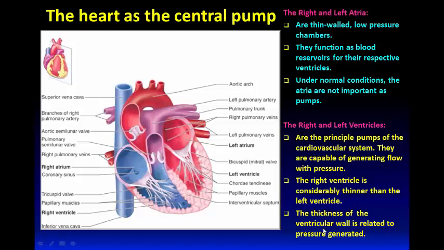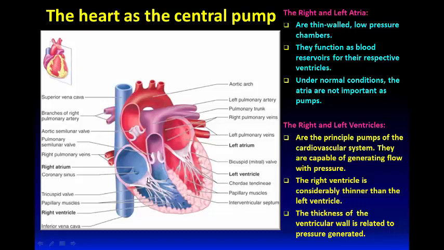The thickness of the ventricular wall reflects the pressure which is generated by the ventricle. The left ventricle generates much higher pressure than the pressure generated by the right ventricle. The pressure generated by the left ventricle is 6 to 7 times higher than the pressure generated by the right ventricle.